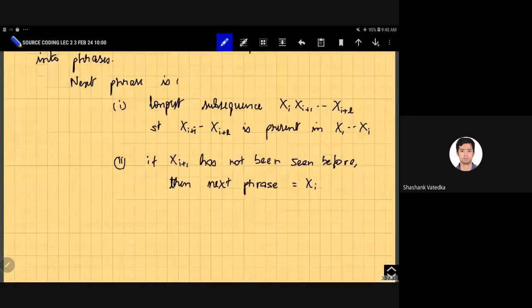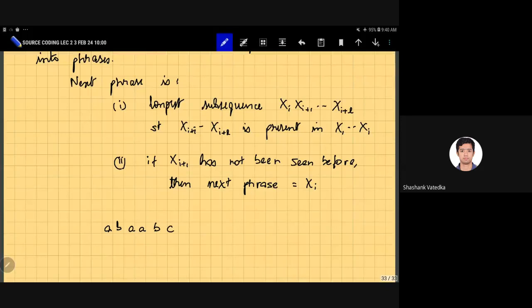So let's see an example to understand this better. Suppose that this is my sequence. My goal is to partition this sequence into a number of phrases.